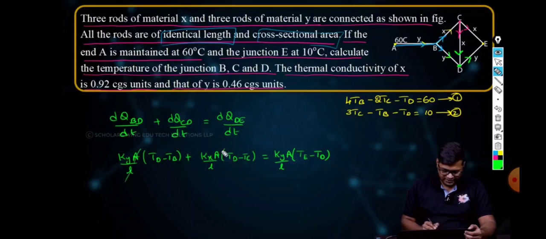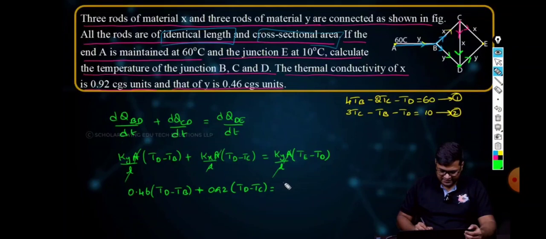Okay, so A by L cancels. So KY, it is 0.46 times of TD minus TB plus KX 0.92 times of TD minus TC is equal to KY is 0.46 times of TE, which is 10 degrees Celsius, minus TD.